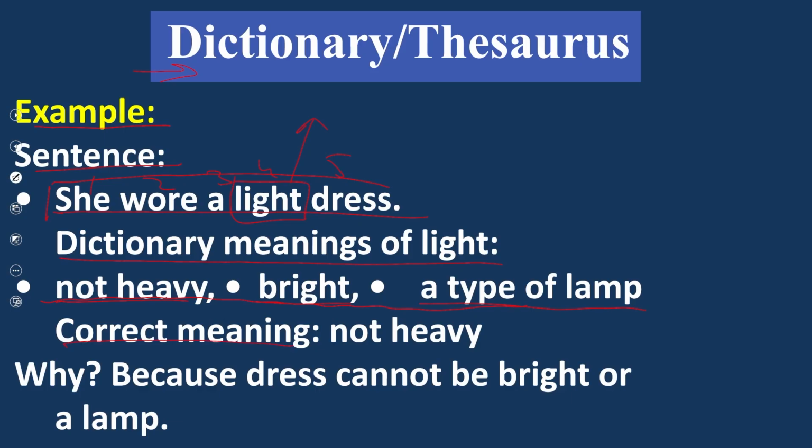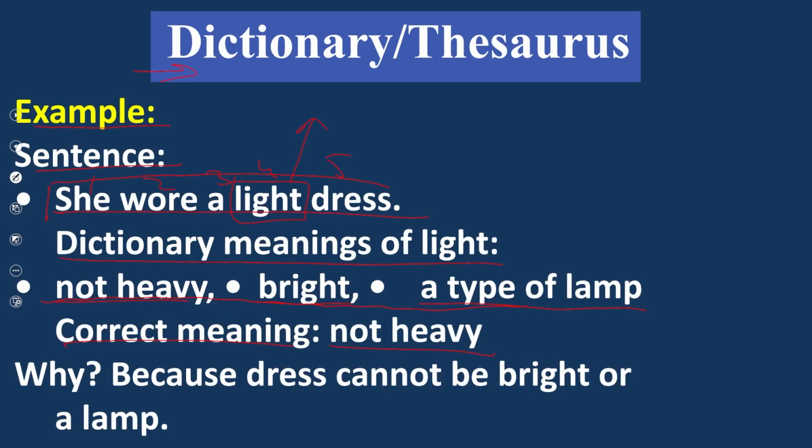Now, the correct meaning: not heavy. All the meanings are correct, but in this sentence the correct meaning is not heavy. She wore a light dress. It means that she wore a not heavy dress. It doesn't mean that she wore a bright dress. It doesn't mean that she wore a type of lamp.